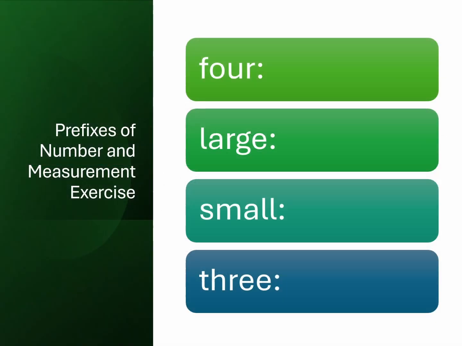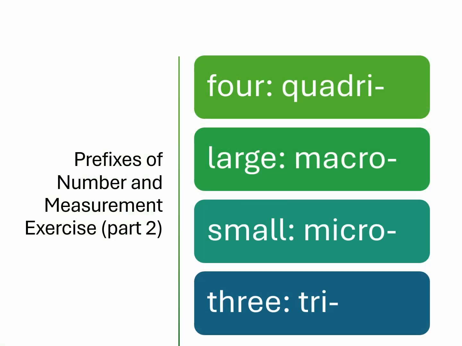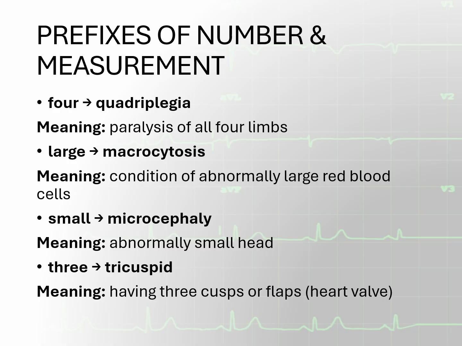Here's another set. 4, large, small, and 3. The prefix for 4 is quadri. For large, it's macro. Small is micro. And 3 is tri. Here are some example medical terminologies.